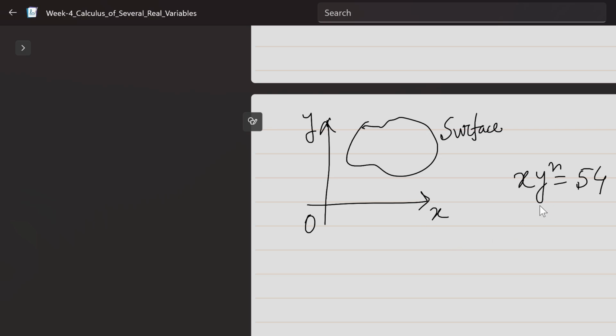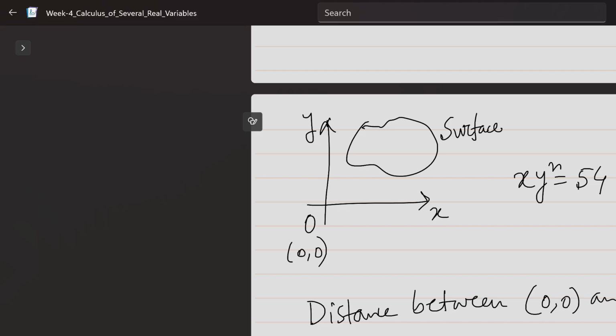Okay, so it is 2D, not 3D. So 0, 0 is the origin. Any curve is there, you have to find the nearest point to the origin. That means you have to find the distance between 0, 0 and the curve.